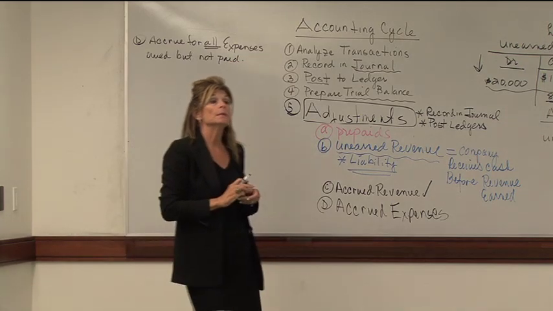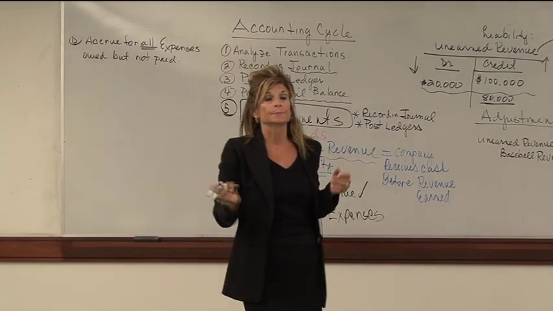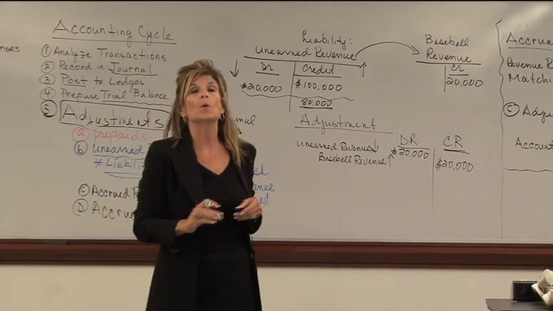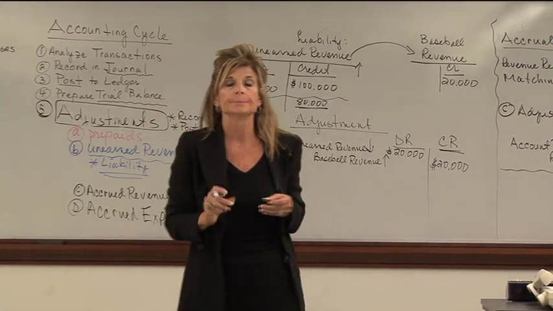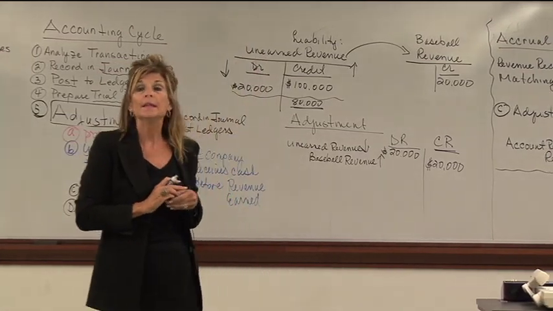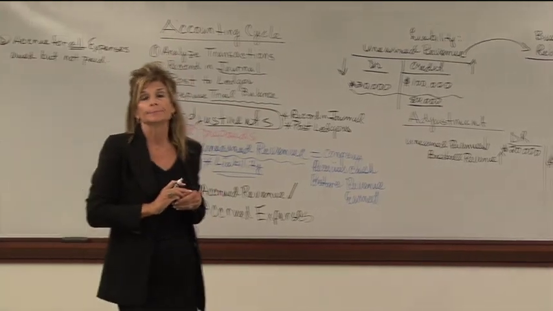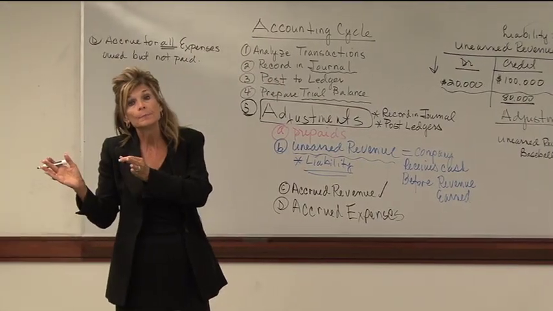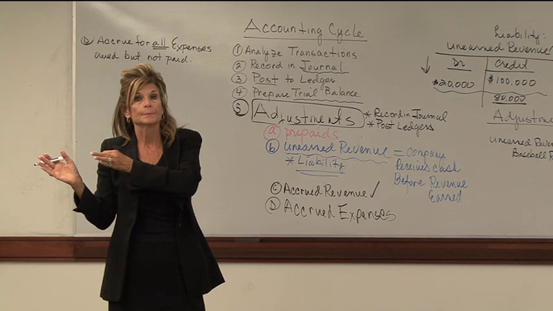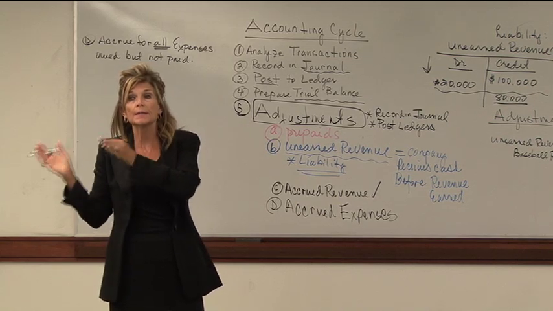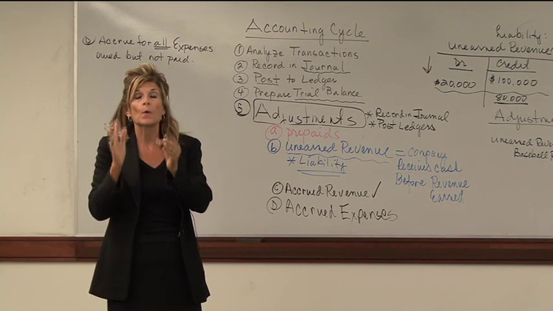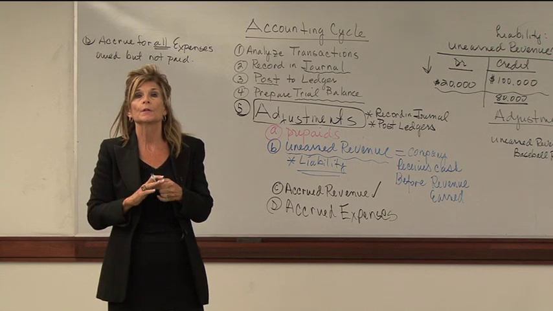All right, so maybe you have salaries. You pay your employees every Friday. The year ends on a Wednesday. You're going to pay them on Friday, but Friday is going to be January 2nd. Your year ends on Wednesday, December 31st.